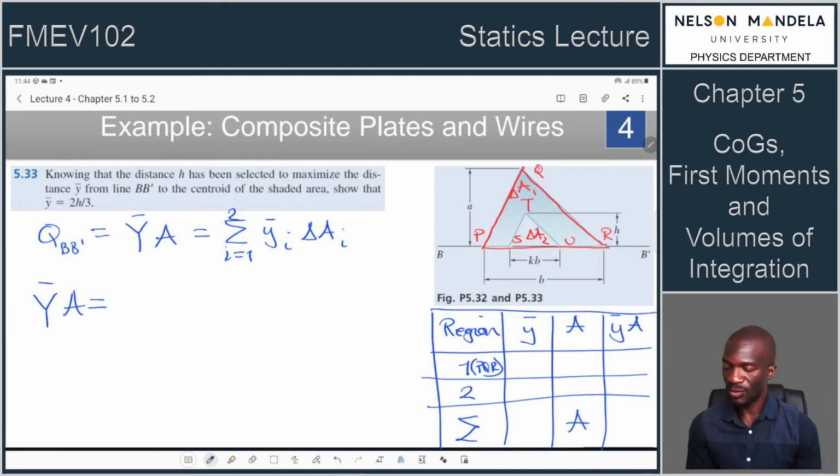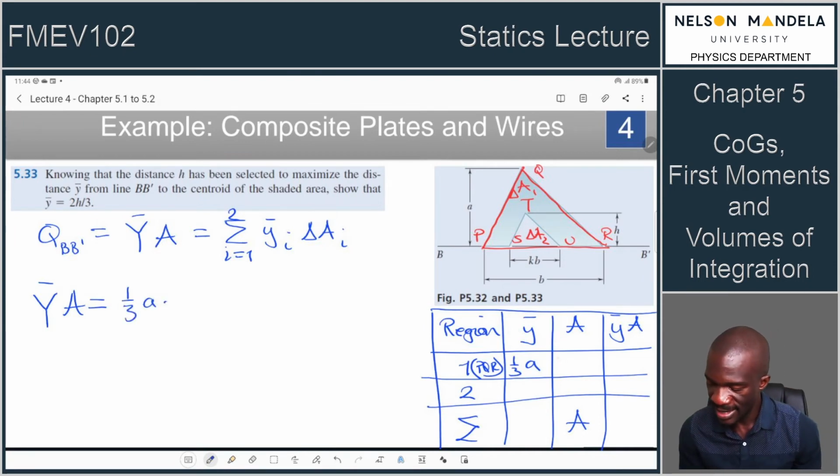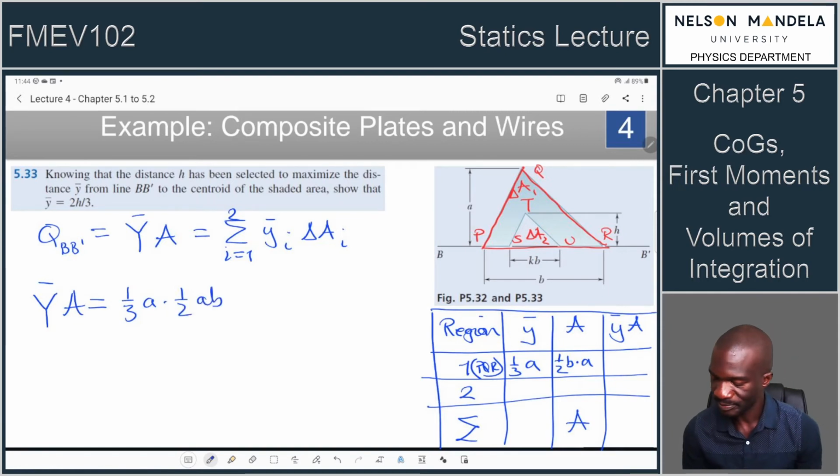Its y bar is 1/3 of the variable a, multiplied by its area, which is half of the base B multiplied by the height a. So that would be half of aB. If we multiply the 2 here, we would have 1/6 a squared B.